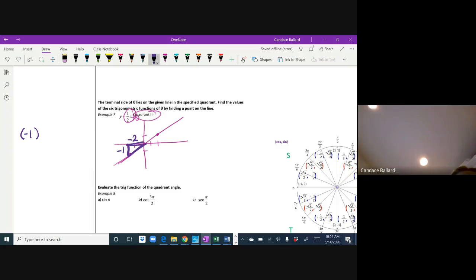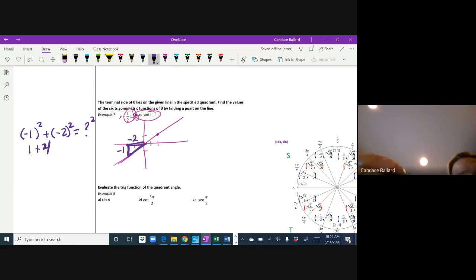So all right, I'm going to use my legs. So you've got -1 squared plus -2 squared, and that's going to equal whatever that is squared. I could put an X, but I'm going to use a question mark because it really doesn't matter what I put there. All right, so -1 squared is 1. -2 squared is 4.